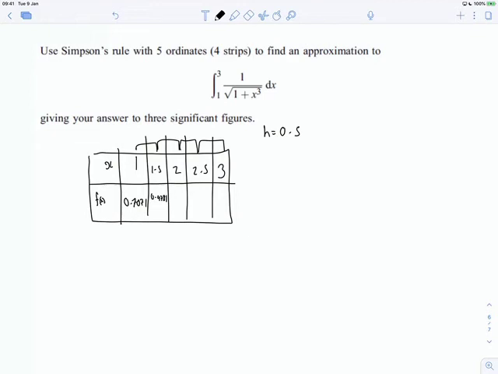When x is 2, I get exactly 1/3, which is going to be 0.3 recurring. 2.5 is, what, 4 decimal places, 0.2453. And then when I do 3, that's root 7 over 14, which is 0.1890.